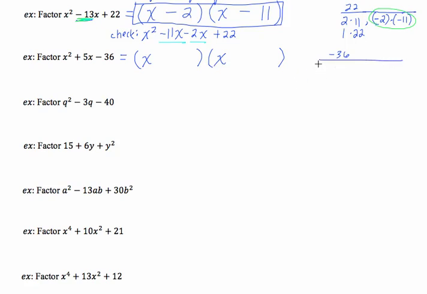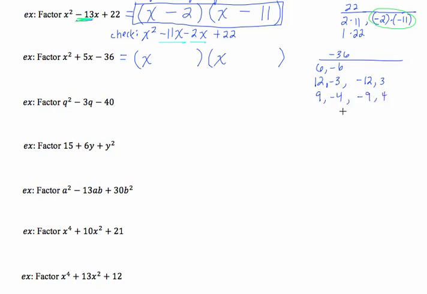You could do positive 6 and negative 6. Or you could do 12 and 3, which will give you negative 36. So we could do 12 and negative 3, or negative 12 and positive 3. Other ways to get 36 could be 9 and 4. So you could do 9 and negative 4 or negative 9 and positive 4.